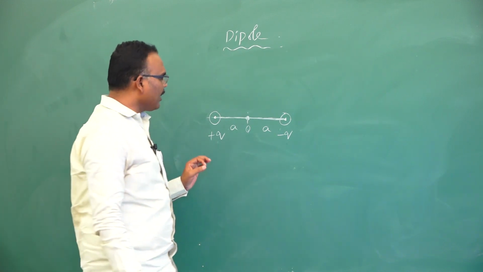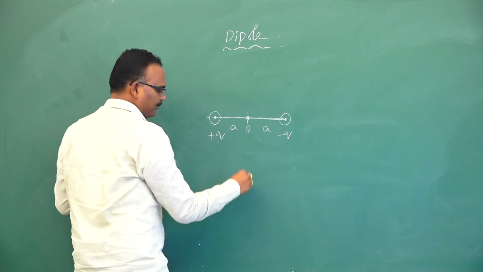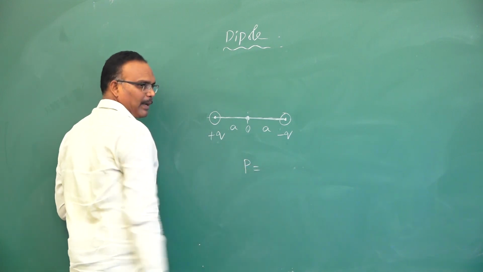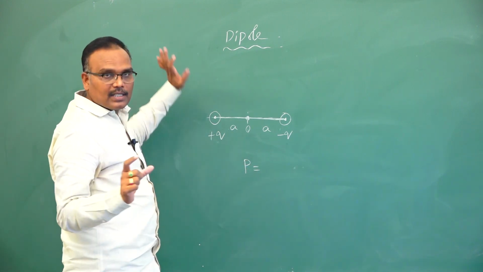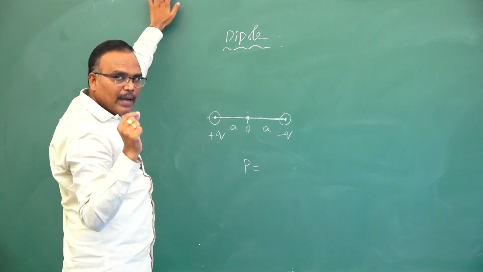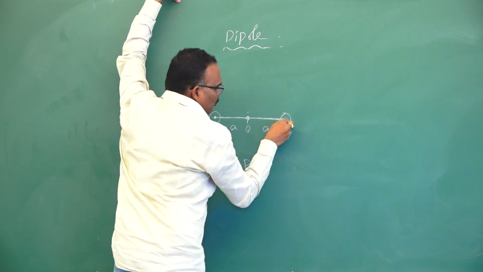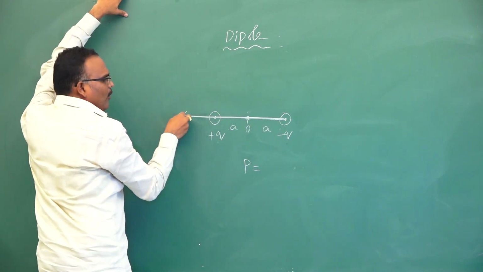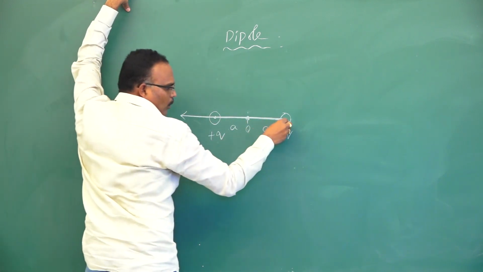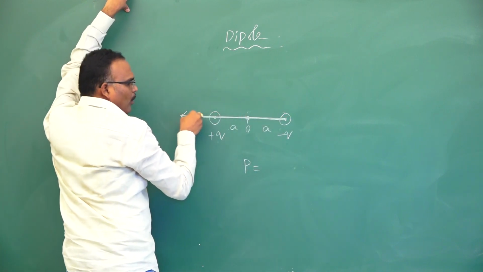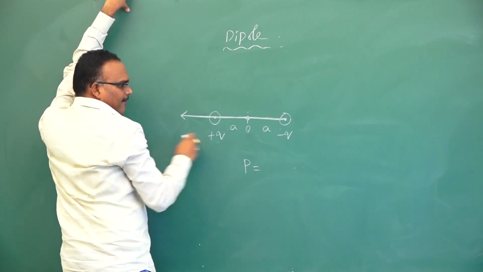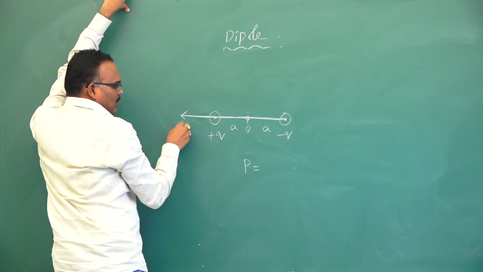Dipole moment is denoted with a letter P. You remember, this is very important. Dipole moment always acts from negative charge to positive charge. Always represent the direction of the dipole moment from negative charge to positive charge.